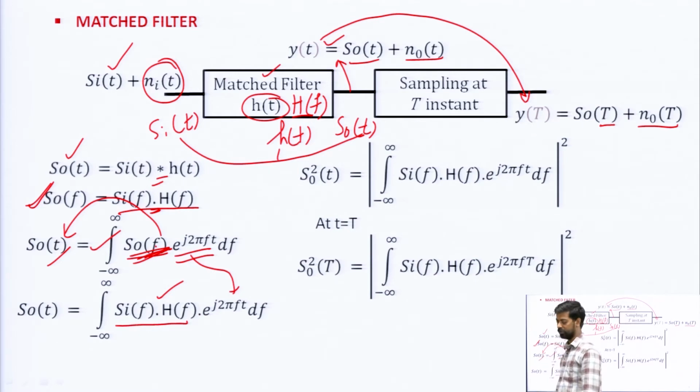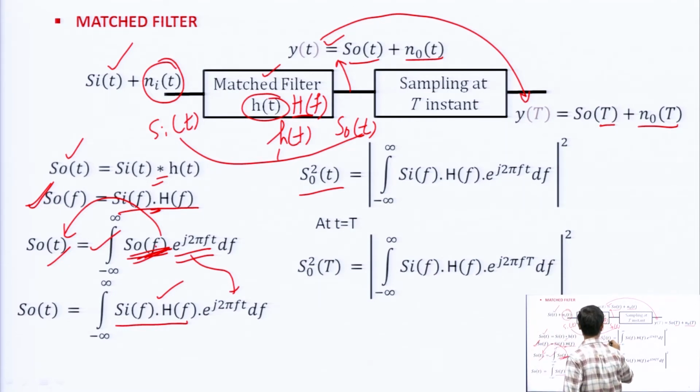Now I want to find the S naught of t squared. Why am I trying to find this? Because we already saw in the previous lecture that the SNR depends upon S naught of t and sigma squared.